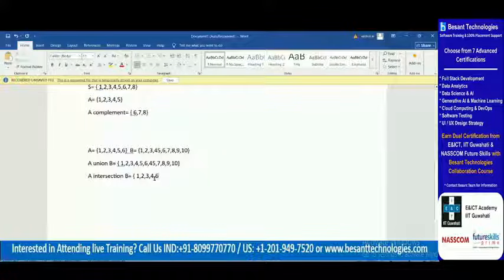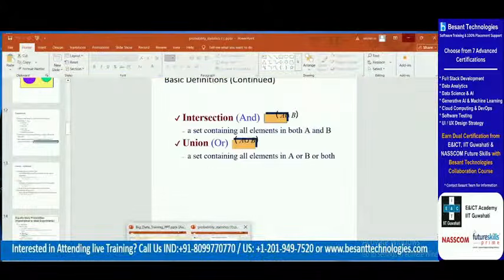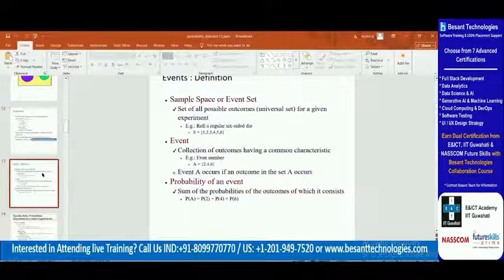Okay, so these are all the elements of A intersection B. So in A union B, you have to take all unique elements and print together. And in A intersection B, you should take the repeated elements and take them out and print them. Okay, so this is what it is for A union B and A intersection B.